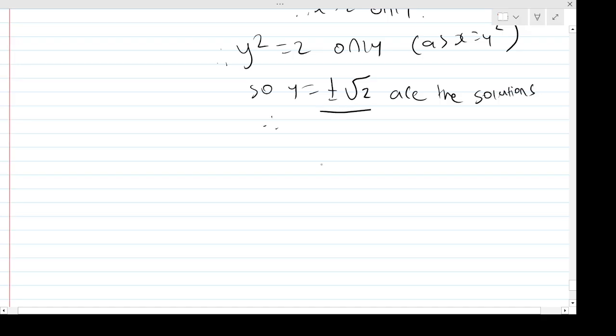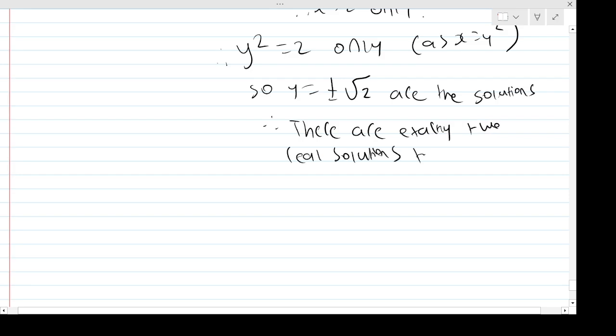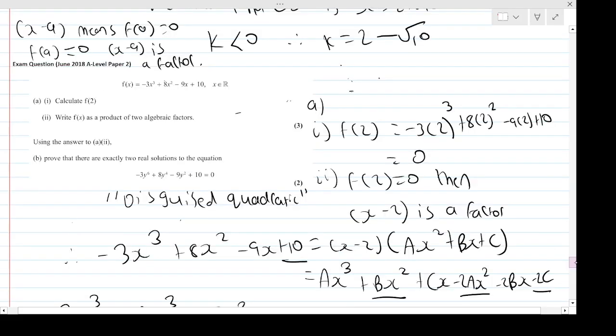Therefore, there are exactly 2 real solutions to the equation.